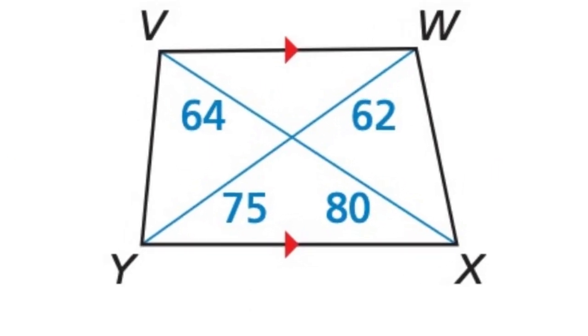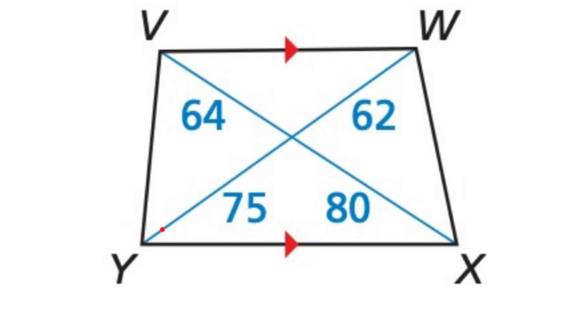All right, next one. I know I have a trapezoid. The reason why I know this is a trapezoid is because it has exactly one pair of parallel sides, right? I do not have markings showing that these two are parallel, so I know it's a trapezoid. Now the next question is, is it an isosceles trapezoid? Isosceles trapezoids have diagonals that are the same length.